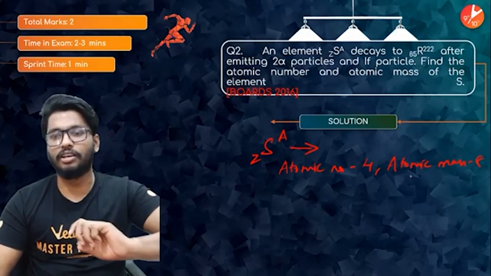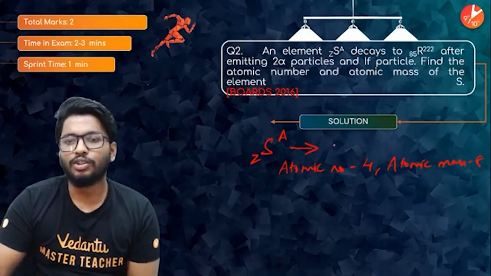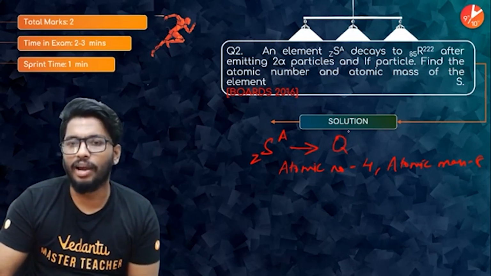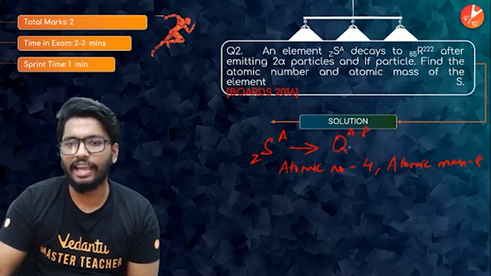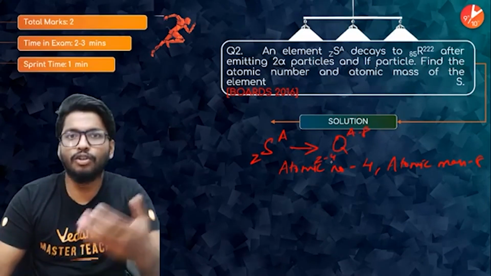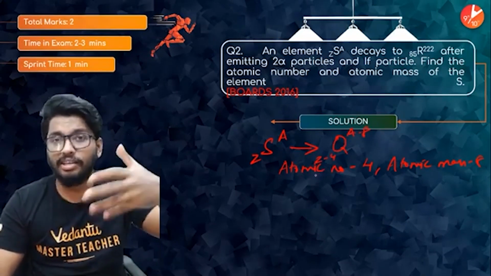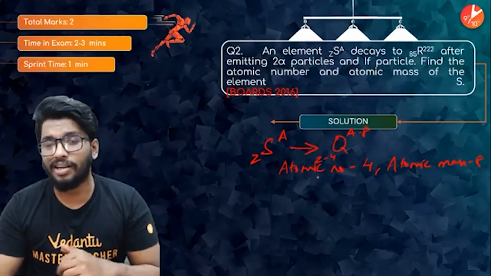So the brand new element Q would be A minus 8 and Z minus 4. The atomic number reduced by 4 and atomic mass reduced by 8.